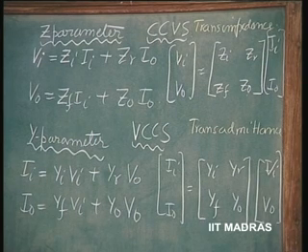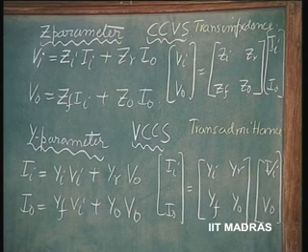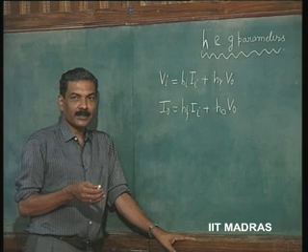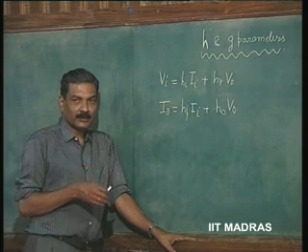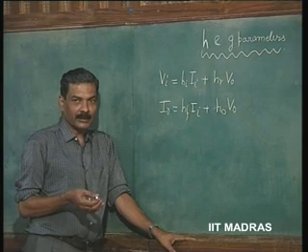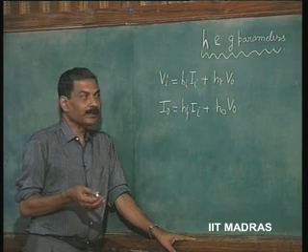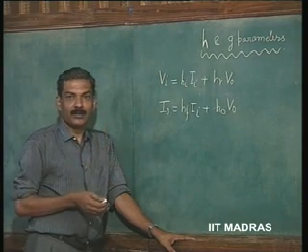H and G parameters we can call. These are going to be having parameters which are dimensionless as well as taking the dimension of impedance and admittance. So, this is normally called hybrid parameter.